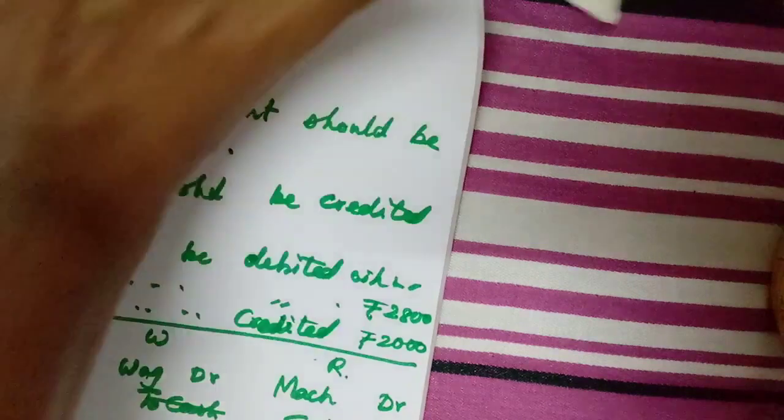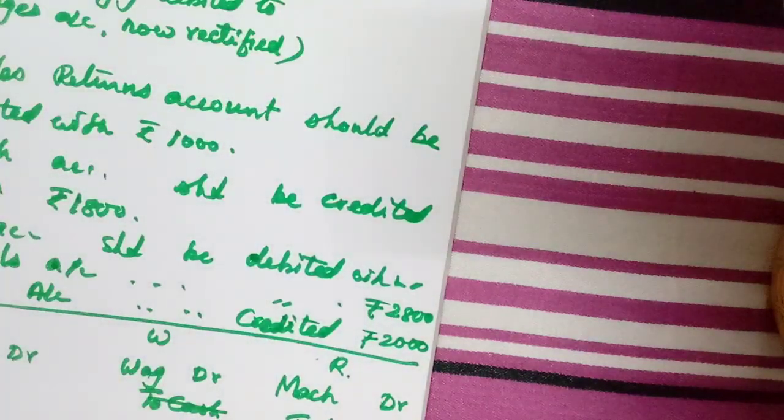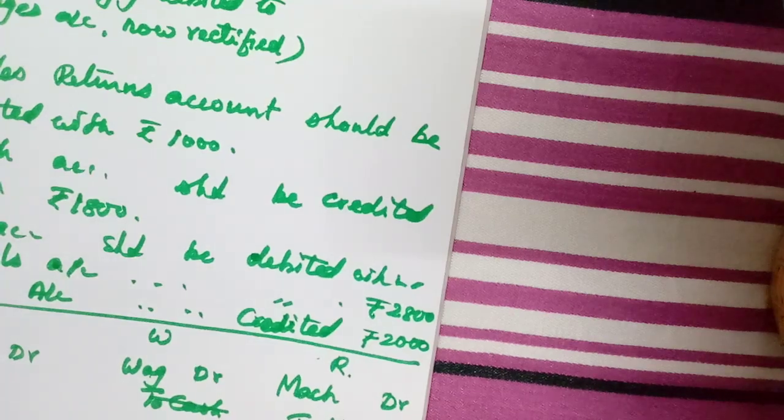Next one, question seven. The following errors were located at the time of preparing trial balance, rectify them. At the time of preparing means we have to treat it as before the preparation of trial balance.